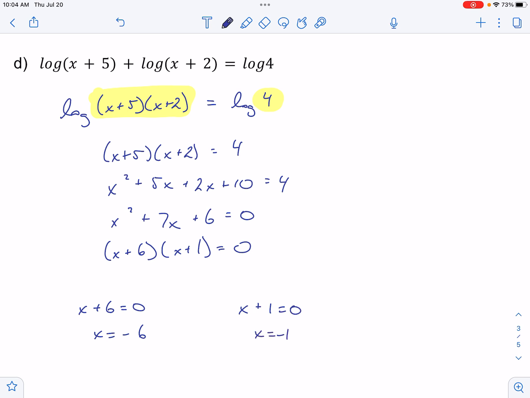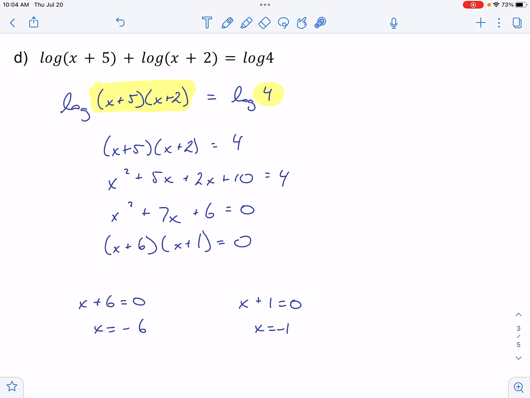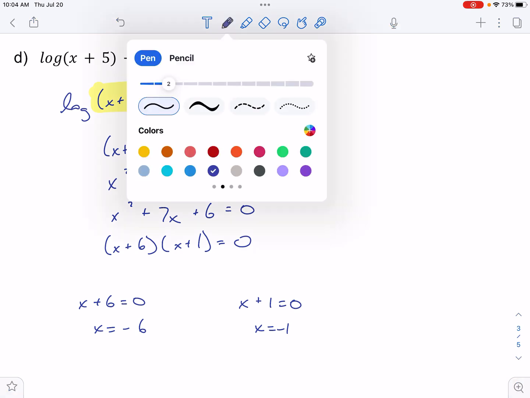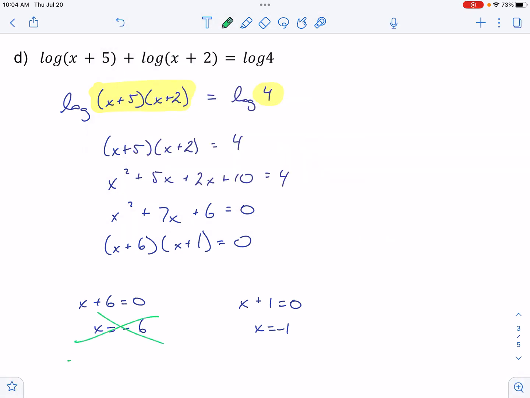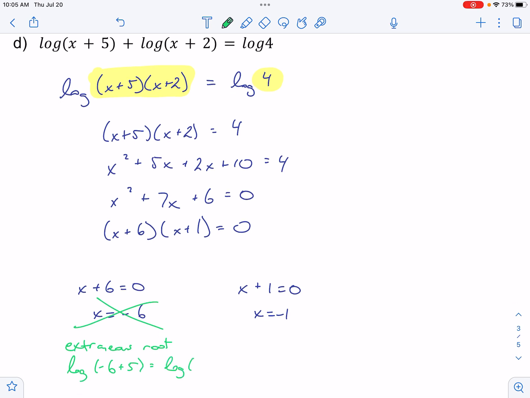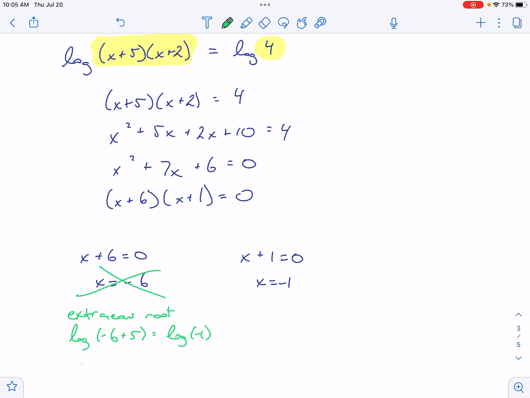Now I need to go back through and check, are either of these extraneous roots? x is equal to -6. If I put -6 in this first bracket here, I'm going to have a negative, just like here, it's going to be negative. So this is an extraneous root. Log of -6 plus 5 is log of -1, which is impossible.